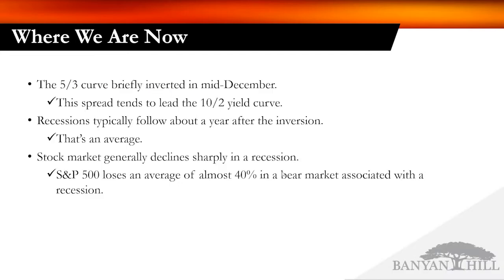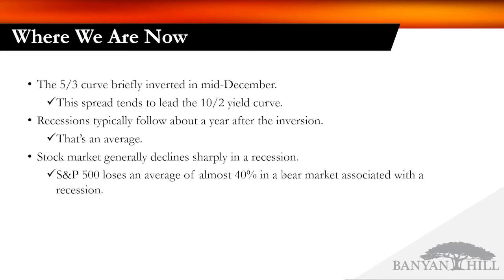Now, where we are right now is the 5-3 did invert, and the 5-3 tends to lead the 10-2 by a few months. So because the 5-3 inverted, we should expect the 10-2 to invert early in 2019. Now, recessions typically follow within a year, but that's an average. It could be as long as 3 years.